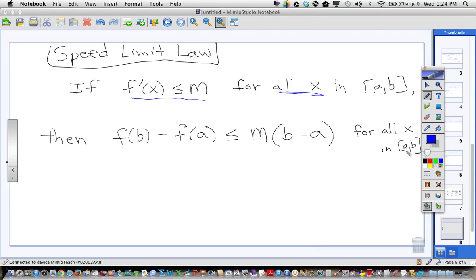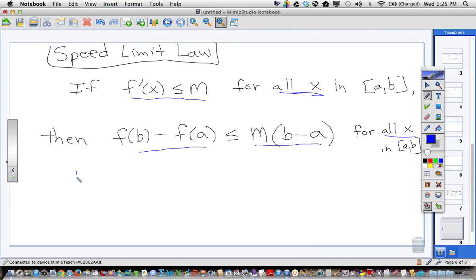And again, that just means all the time. Now that just looks like a bunch of mumbo jumbo until we start thinking about what it really means. So first we're going to talk about it in terms of slope, because we got f prime, and we said that f prime, we can think about it as slopes, we can think about it as speeds, rates of change, okay? So let's first talk about it in terms of slope.